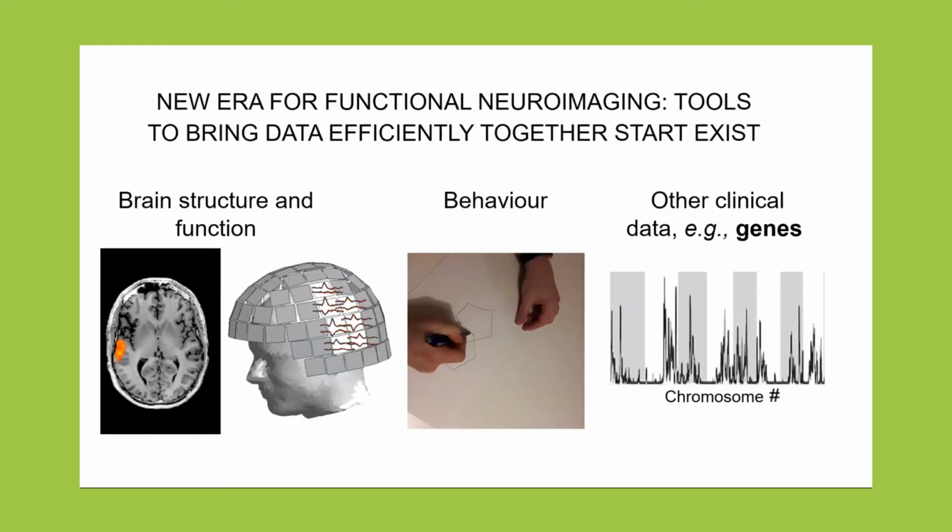So I will conclude by saying that with functional neuroimaging, we start to be at the point that we have tools to bring data efficiently together. We have several excellent methods to study subjects' brain structure and function. We often have relevant behavioral and symptom-related data from these same subjects, and different kinds of clinical data, for example genetic information and all these various biomarkers that will be collected also in this future project.